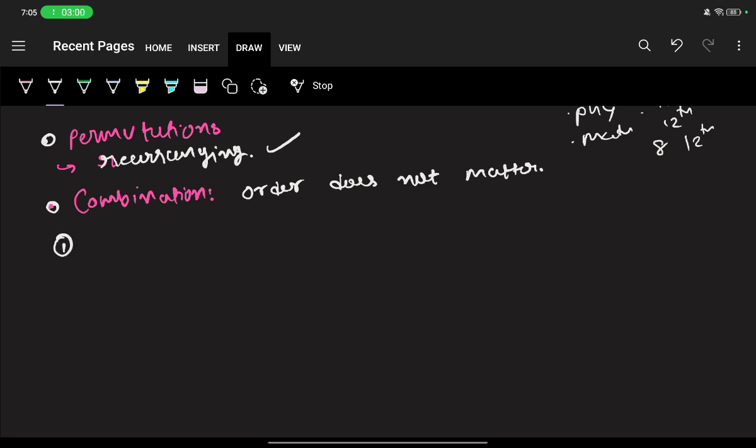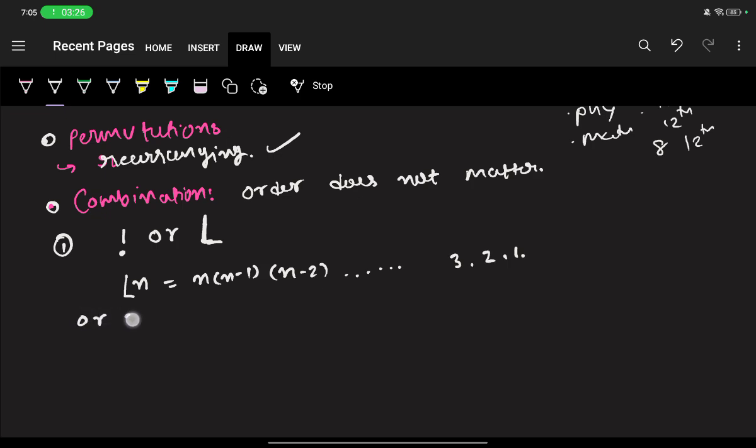Now, this is called factorial. These are the signs for factorial. So n factorial means n, n minus 1, n minus 2, up to 3, 2, and 1.